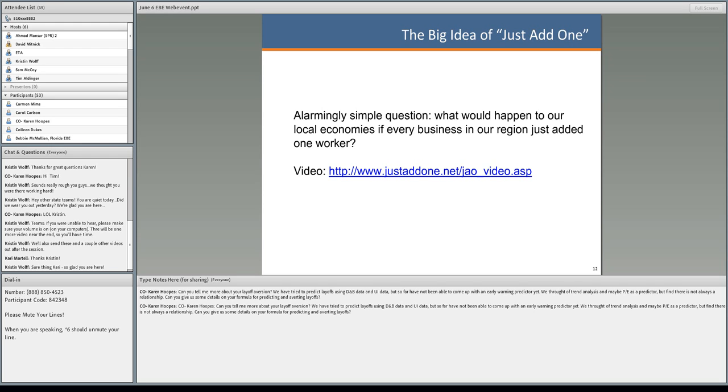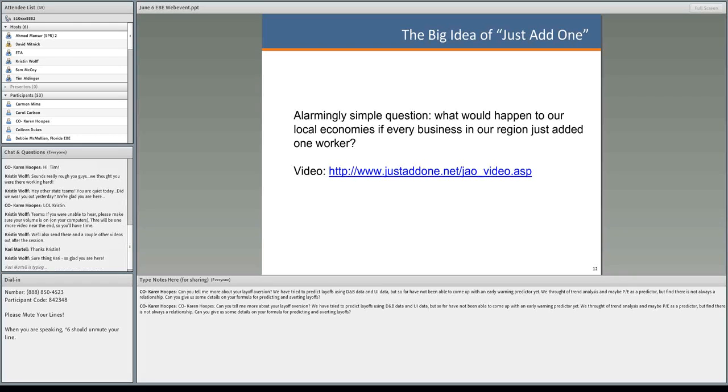And speaking of local examples, it's really interesting that it's almost as though the zeitgeist was at work here, because the same idea of add one, just add one job, all kinds of different ways of framing the same idea have cropped up. There's also a couple of sister national campaigns, such as the 1 in 3 initiative, which is run by the Association of Enterprise Opportunity.